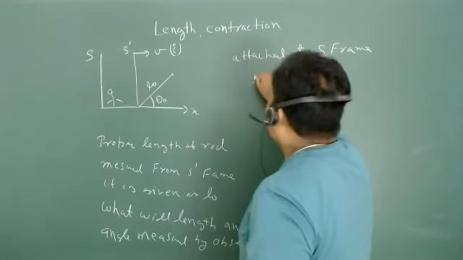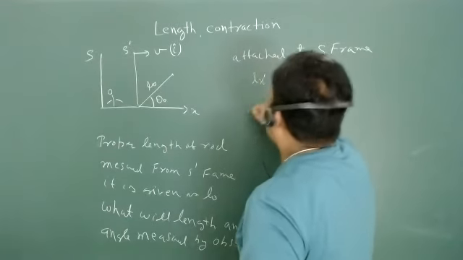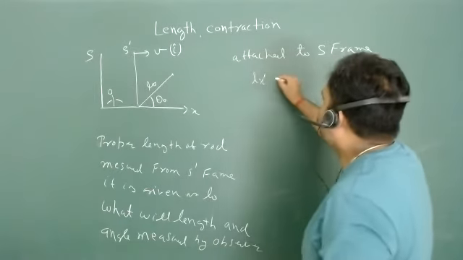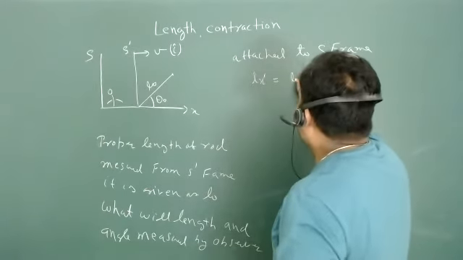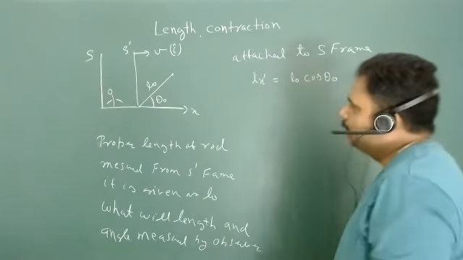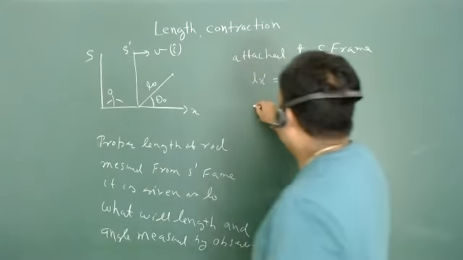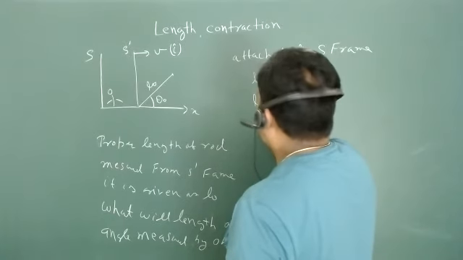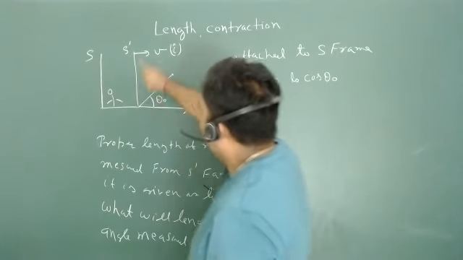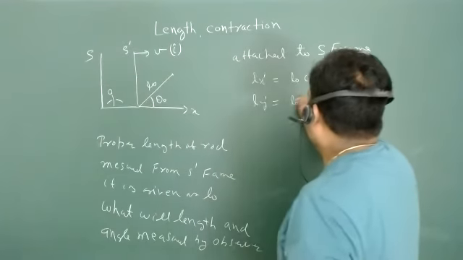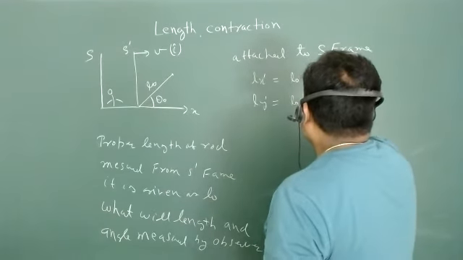I can write Lx dash, that means length along x-axis with respect to dash frame, is L0 cos theta naught. And what about length with respect to y dash? Suppose this is in the xy plane. In y dash direction, the length will be L naught sine theta naught.